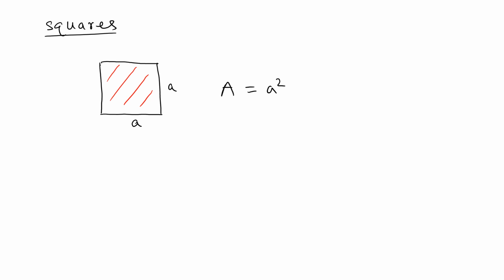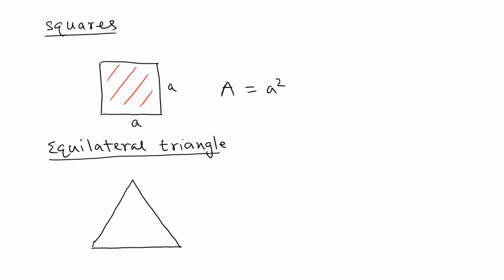And the next one is equilateral triangles. So the equilateral triangle has each side length equal to a. So if you draw the perpendicular, you can see this one part is a over 2. This angle is 60 degrees. So if you take the tan, you can see that this side is square root 3 over 2 times a.